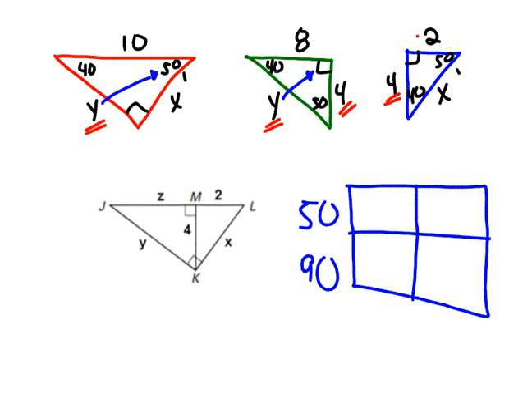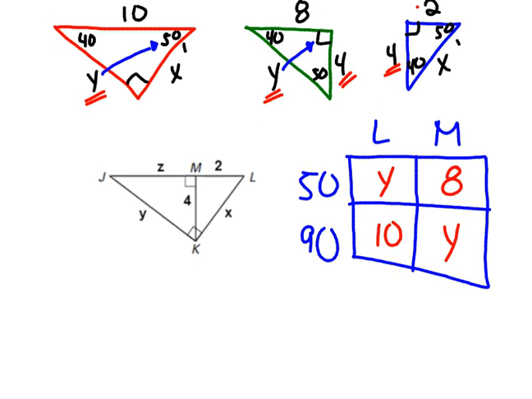And we're using our large triangle and our middle triangle. So the large triangle, the side that's opposite our 50 is y. And the large triangle, the side that's opposite our 90 is our 10. And the middle triangle, the side that's opposite our 50 is our 8. And this is y. So now we can solve that problem.